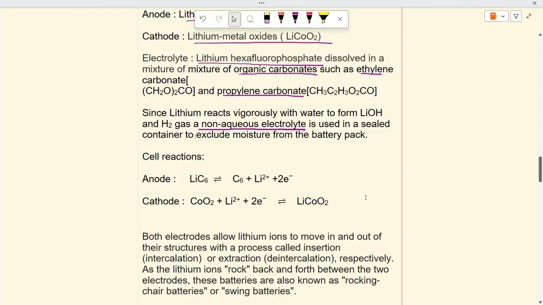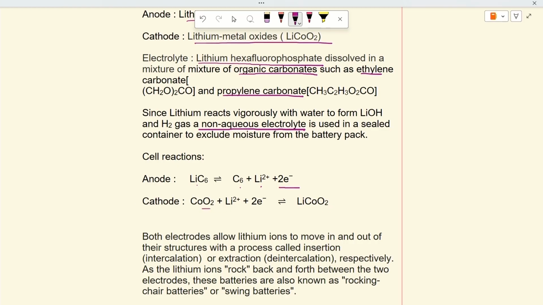At anode, the lithium carbon compound gets converted into carbon and lithium ions with the release of 2 electrons. Okay. At cathode, cobalt oxide combines with lithium ions and 2 electrons to form lithium cobalt oxide.